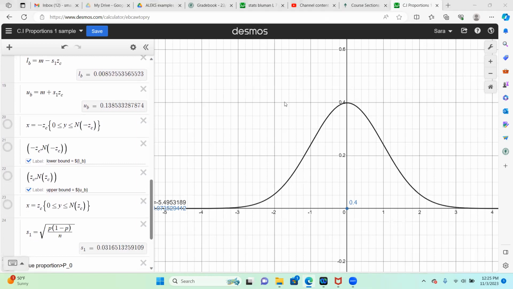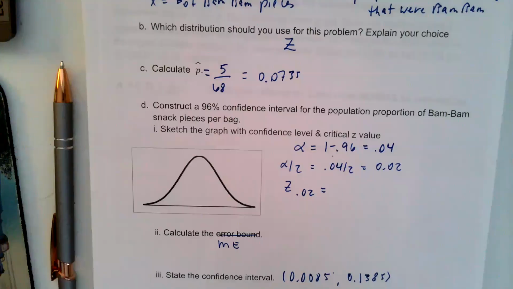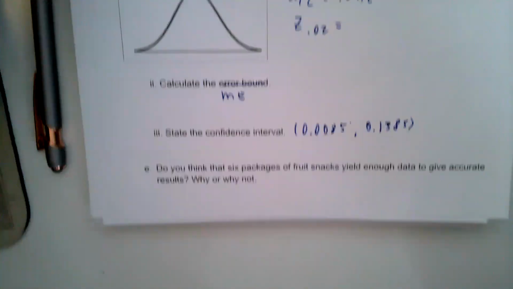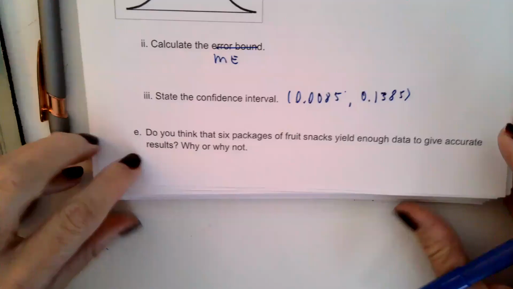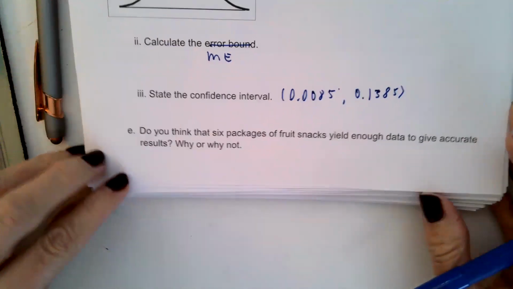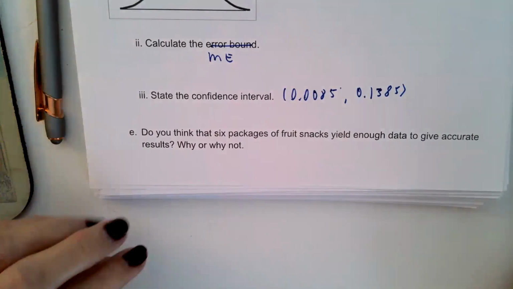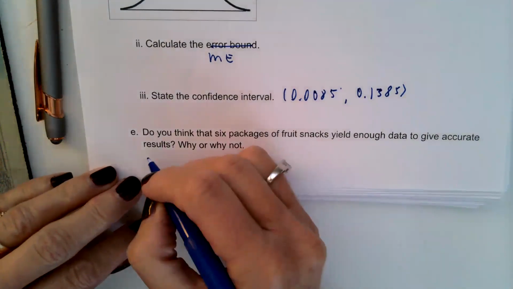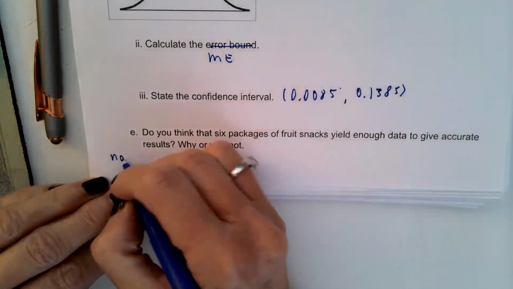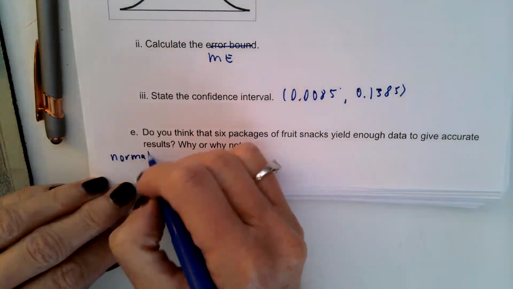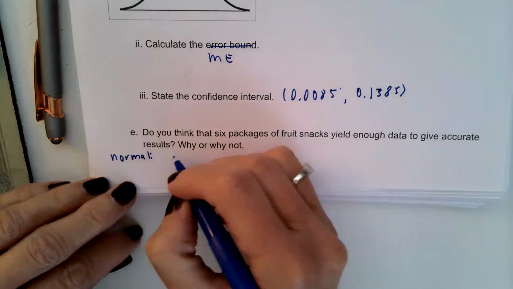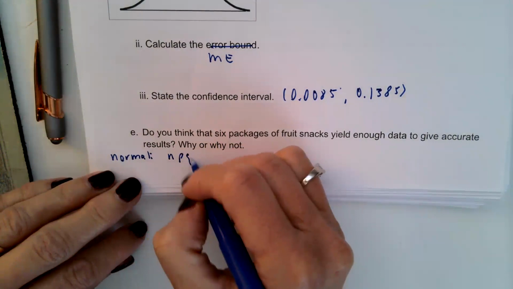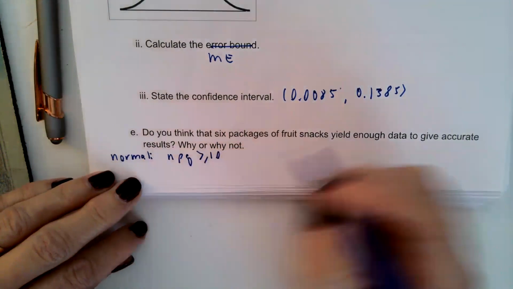And the last question on the paper says, do you think that the 6 packages of fruit snacks yield enough data to get accurate results? Why or why not? And I would think that that might have to do with the sample size. So to be able to use the central limit theorem, we have to prove that it's normal. And in order to do that, NPQ has to be greater than or equal to 10.